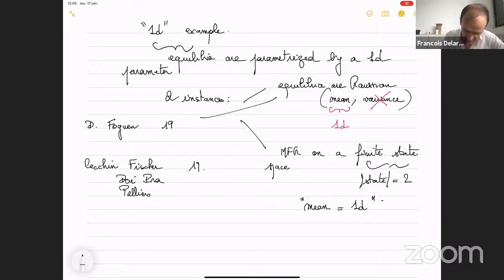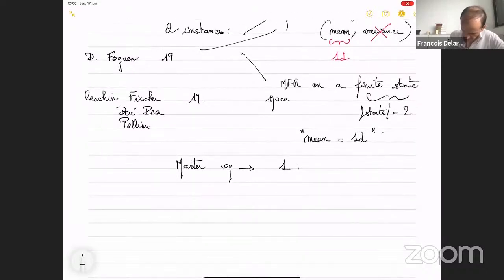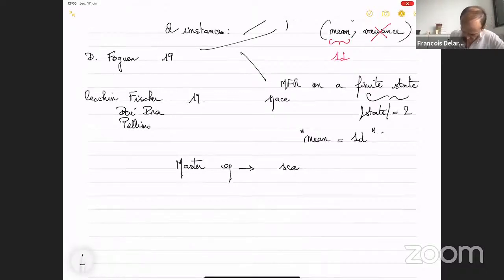Another way to say that, and depending on your background this might be really interesting, is that in this setting you can have a look at the master equation, and the master equation becomes a one-dimensional, or I should say, a scalar conservation law.